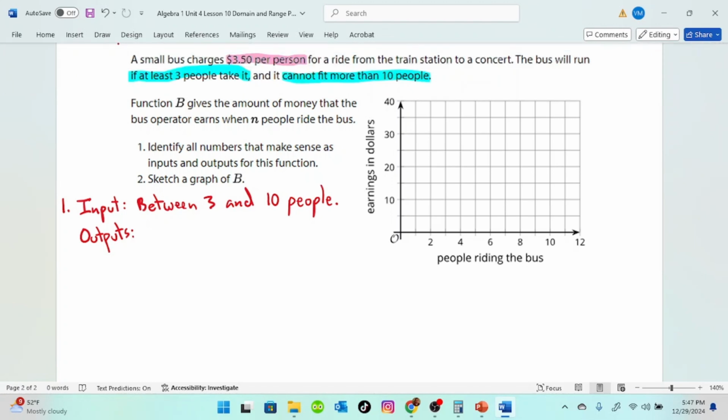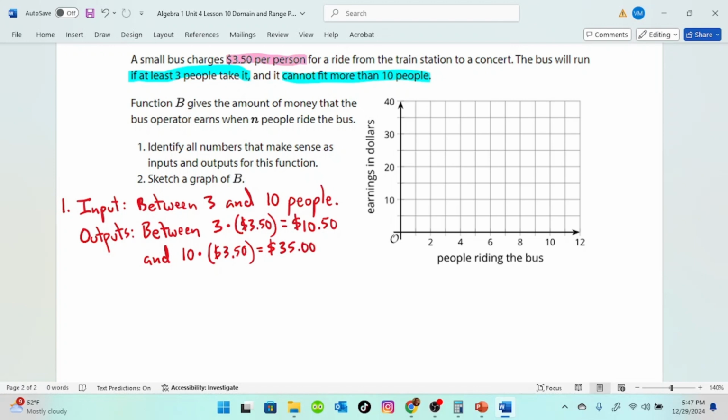So it'll be between 3 people times $3.50, which is $10.50, and the maximum, which was 10 people, times $3.50 each, which comes out to $35.